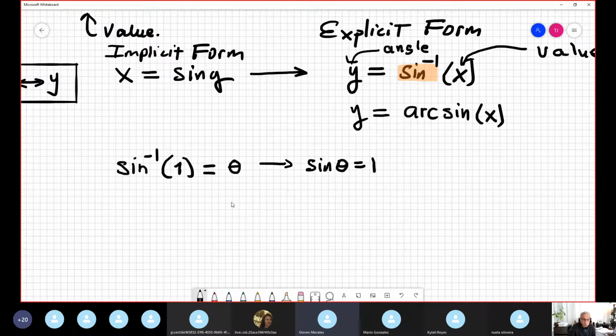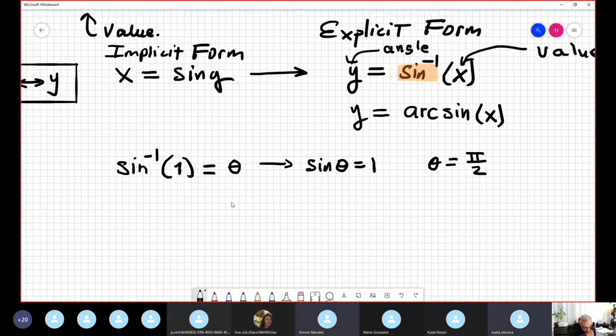So what is the angle whose sine is equal to 1? Oh, it's pi over 4, professor. Pi over 2, sorry. And that's it. This is the idea, right? Do you understand the basic idea? That's the basic. I want to complicate this a little bit more.